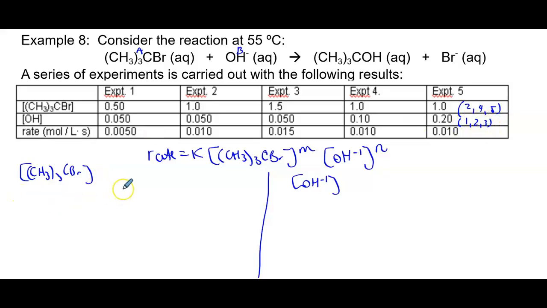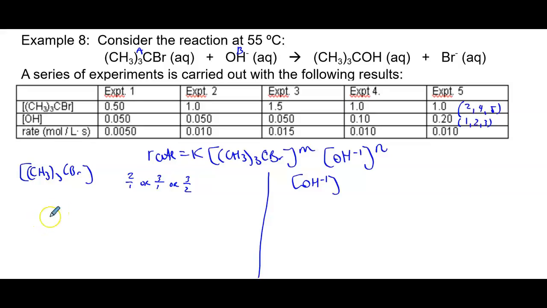So I could do several options here. I could put 2 over 1, or 3 over 1, or 3 over 2, or I can flip these all and say 1 over 2, 1 over 3, 2 over 3. I like to put the larger number on top. It usually gives us non-negatives, not always, but most often it does.